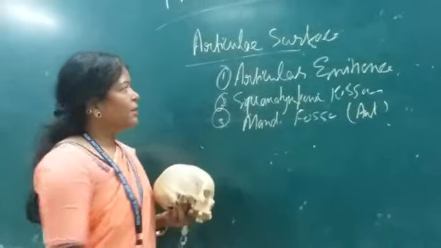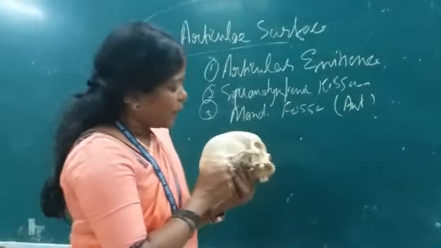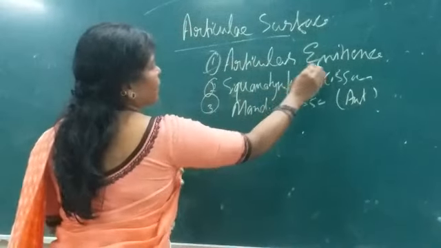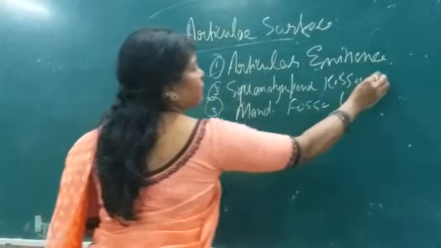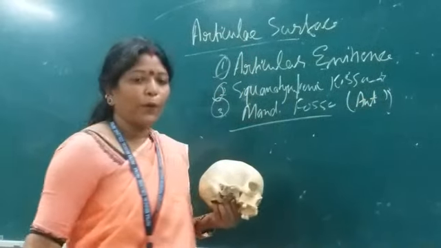So these are the parts contributed above by the cranium. Look here: the articular eminence, the squamotympanic fissure, and the mandibular fossa, anterior component of that.